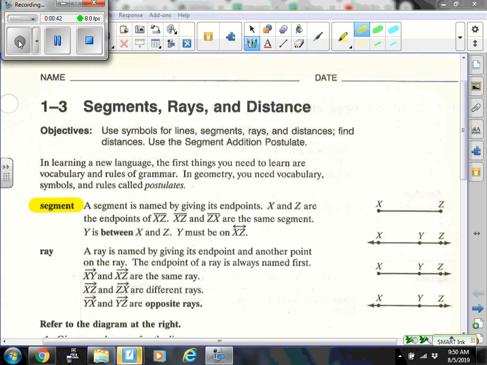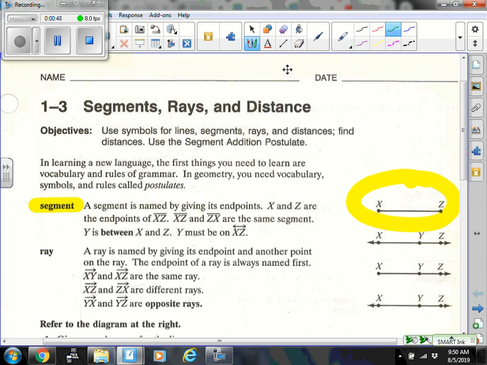In the illustration over here, we have ourselves a segment. That segment is all the points on a line between two endpoints. So over here, they're basically describing that a segment is named by giving its endpoints.